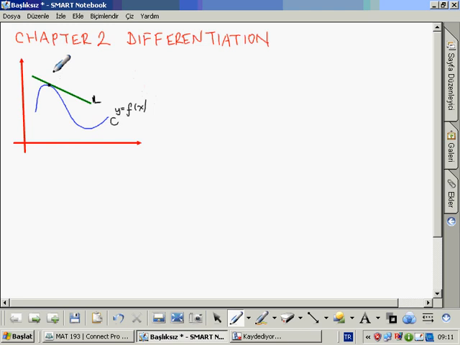This is the P point, which is x0 comma y0.